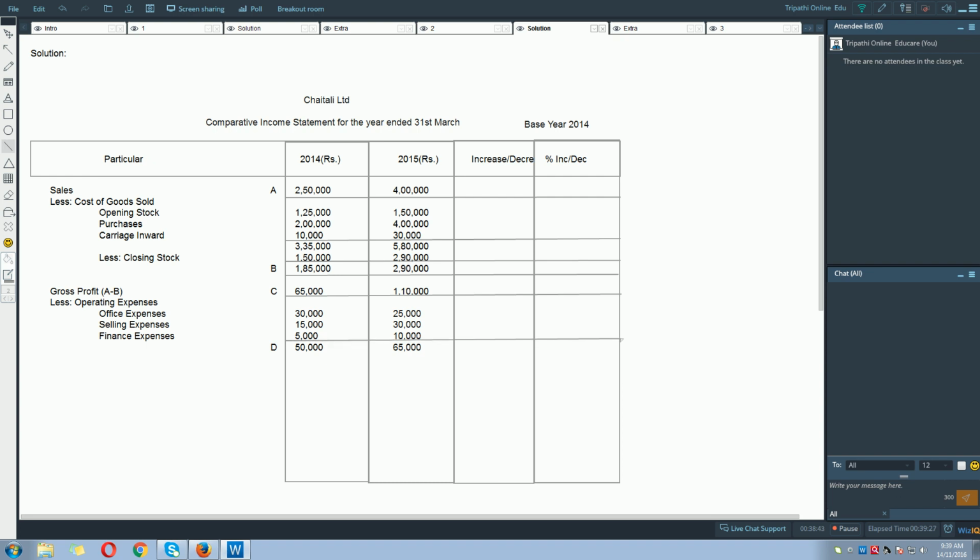Right. Now we'll have to calculate D. So let us calculate 30, 45, 50,000 first year, and second year 65,000.